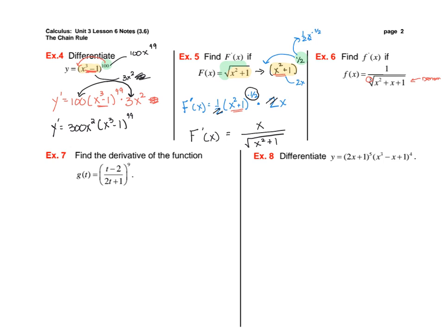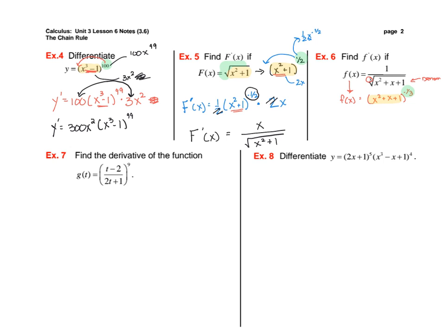So I would think of this function, first of all, as x squared plus x plus 1 to the negative 1/3 power. And then I remember that I have my exponent as my outside function and the parentheses as the inside function.